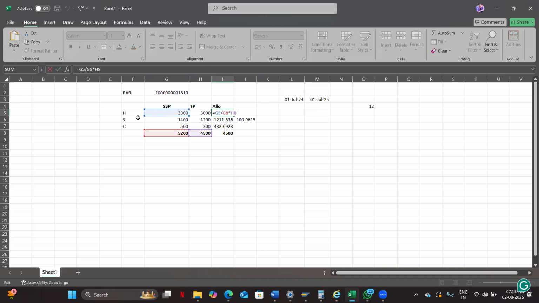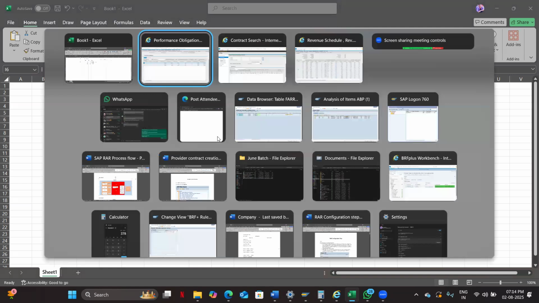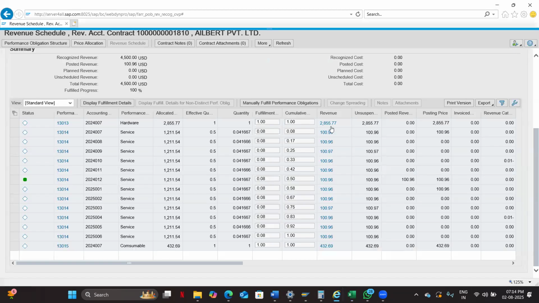You can see the formula: SSP by total SSP into total transaction price, which gives 2855.77, which is revenue directly recognized in that particular period. Here you can see the accounting period, 2024-007. When the contract starts in that particular month, they recognize the full allocation amount.